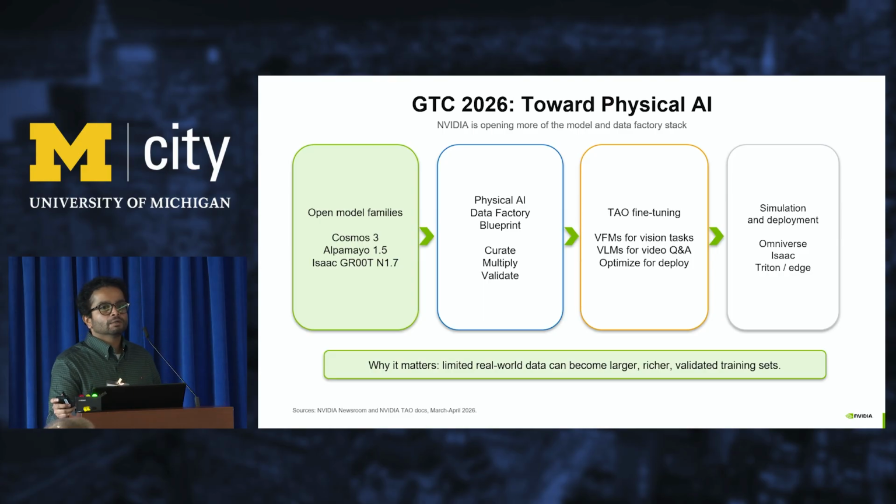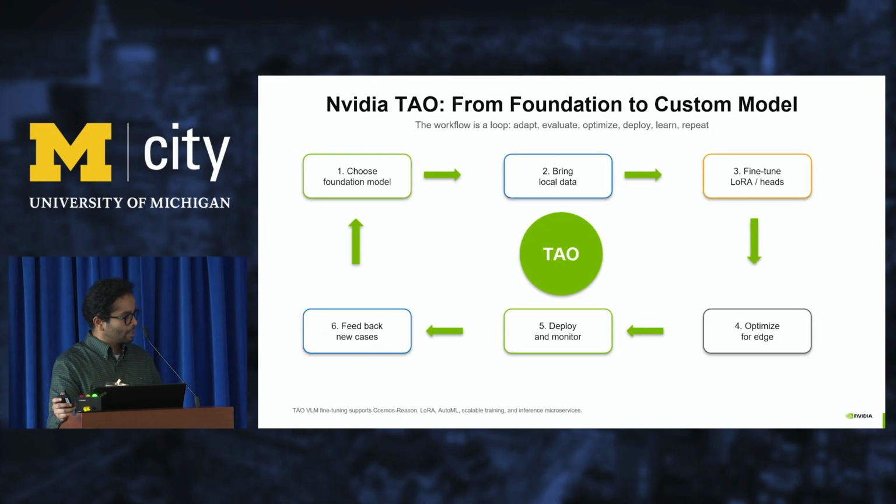I think there's a lot of work already being done on that front with Omniverse and some of the digital twins. So the idea here is that a lot of the real world data you're able to multiply, in terms of the volume of data, the coverage of data, as well as the amount of capability from these models.